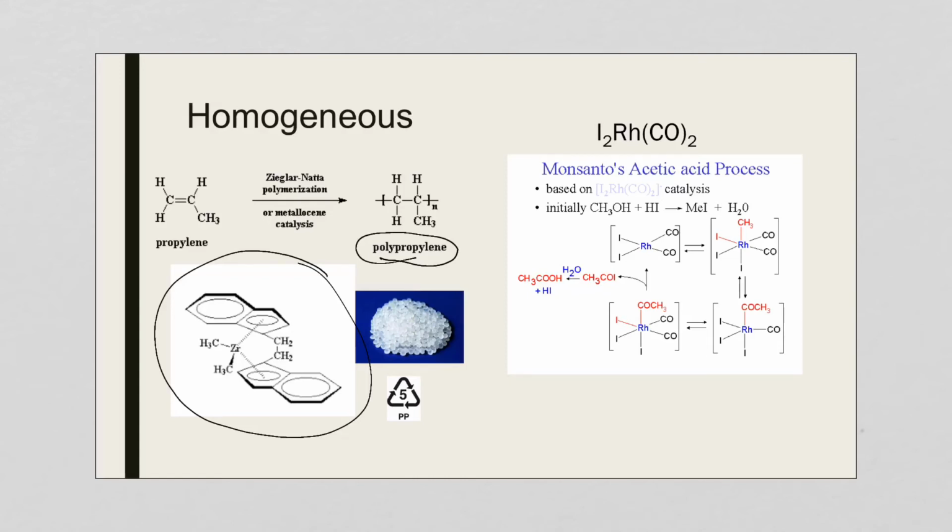Now, another really important industrial process that maybe we've never heard about is what's called the Monsanto acetic acid process, which is one of the ways that acetic acid is produced industrially, utilizes another metal catalyst, and is done, again, in a homogeneous process.